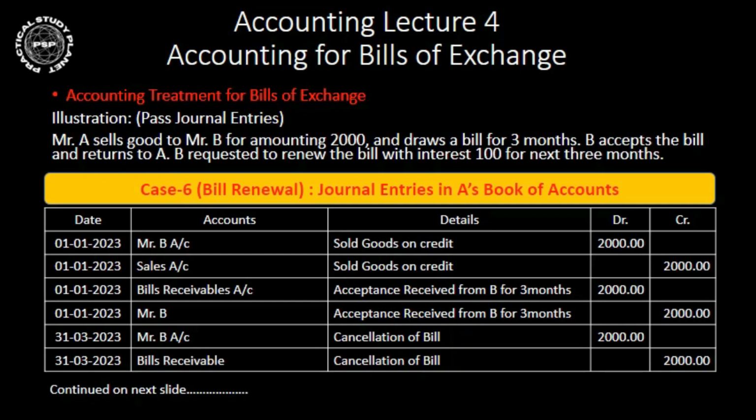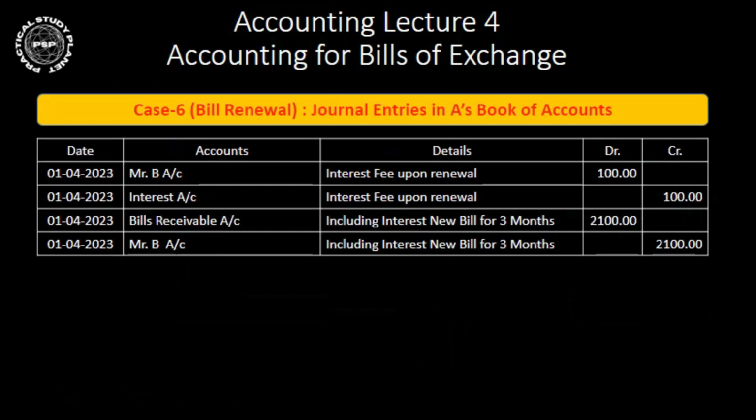The first two transactions will be the same. Mr. B debit, sales credit, bill receivable debit, Mr. B credit, and Mr. B is debit while cancelling the bill upon the maturity date. So Mr. B will be debit again and bill receivable will be credit. So the bill receivable will be cancelled, and with the interest of 100 it will be renewed.